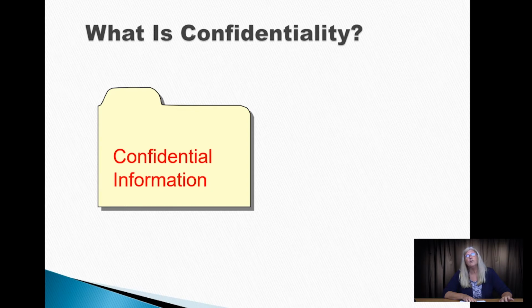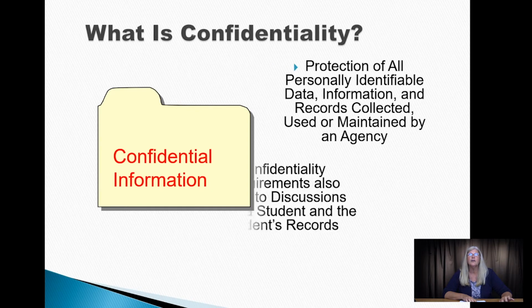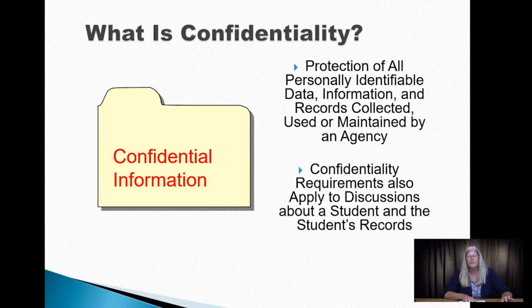If we search the word confidentiality in the dictionary or on your cell phones or whatever electronic device you have, it tells us that it is a state of keeping or being a secret or private. Therefore, there are actions that we must take to ensure confidentiality of students' information.